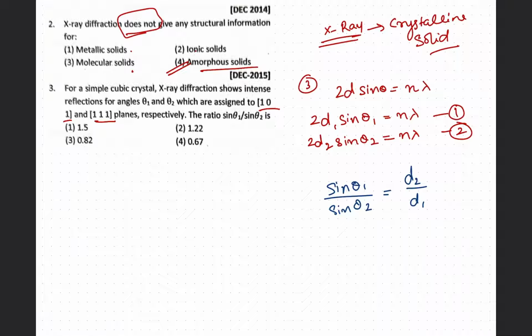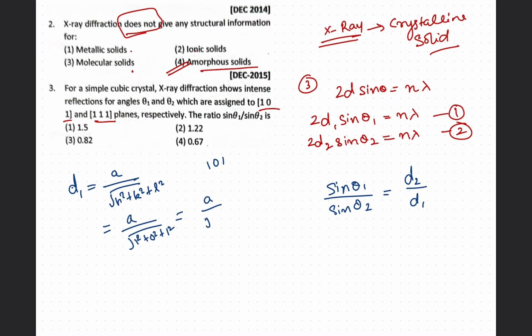Now we know that d is a upon root of h square plus k square plus l square, right? For the 101 plane, it will be 1 square plus 0 square plus 1 square, so d1 is a by root 2, while d2 will be a by root 3, right?